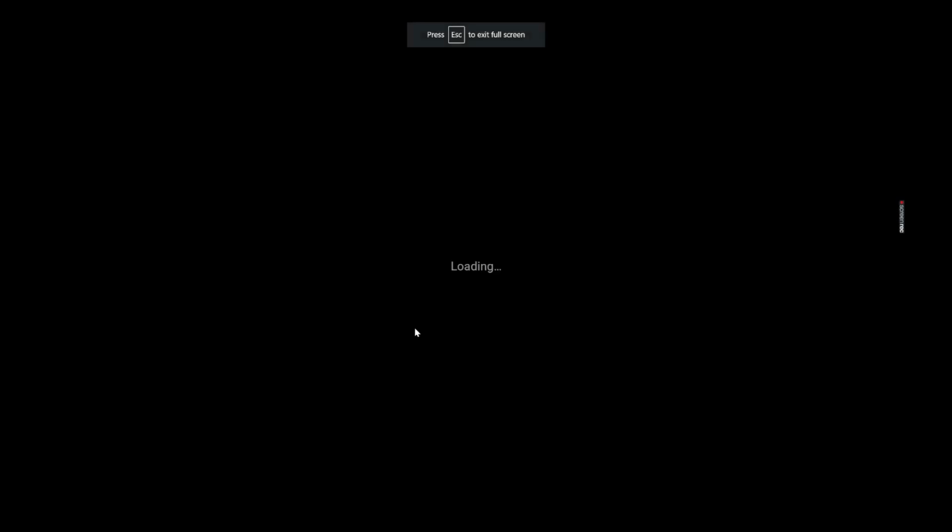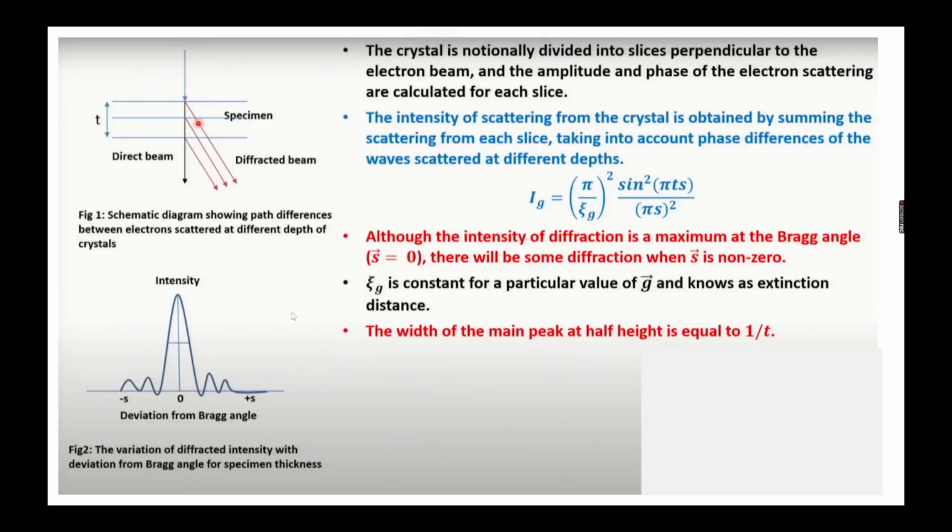If you have gone through the lecture on the reciprocal lattice, you know the reciprocal lattice and the Ewald sphere, which I will also talk about in this lecture.